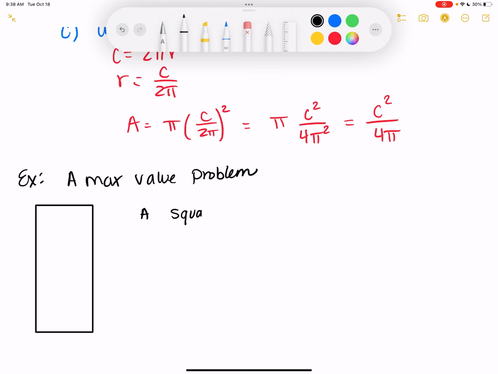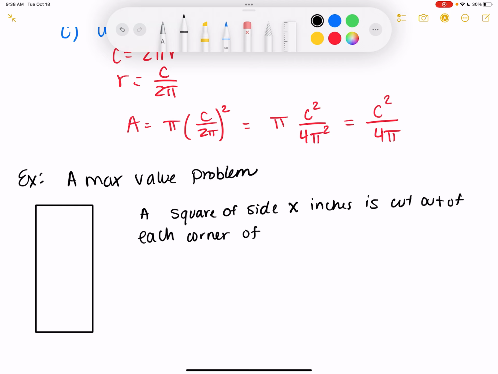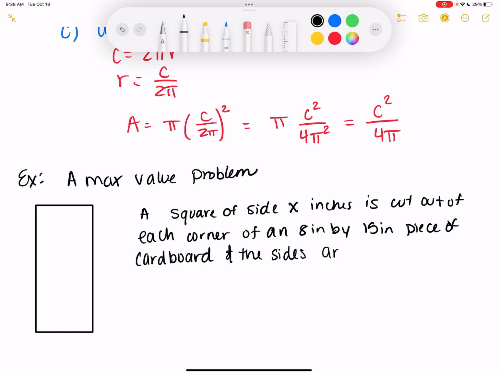So, a square of side X inches is cut out of each corner of an 8-inch by 15-inch piece of cardboard, and the sides are folded up to form an open top box.